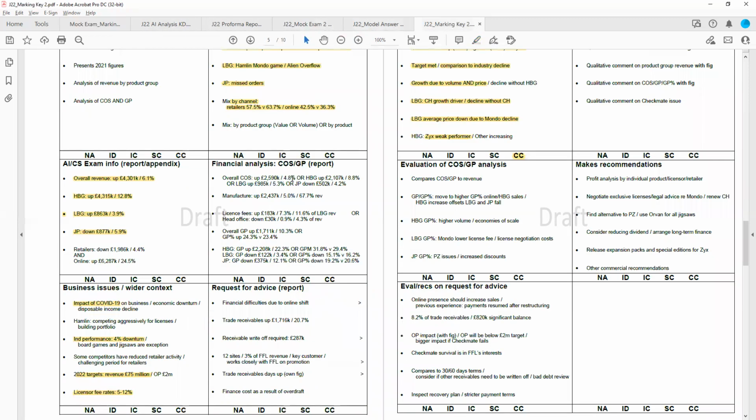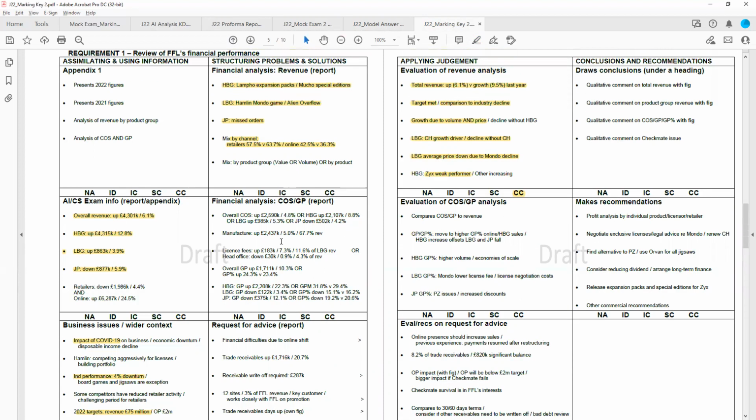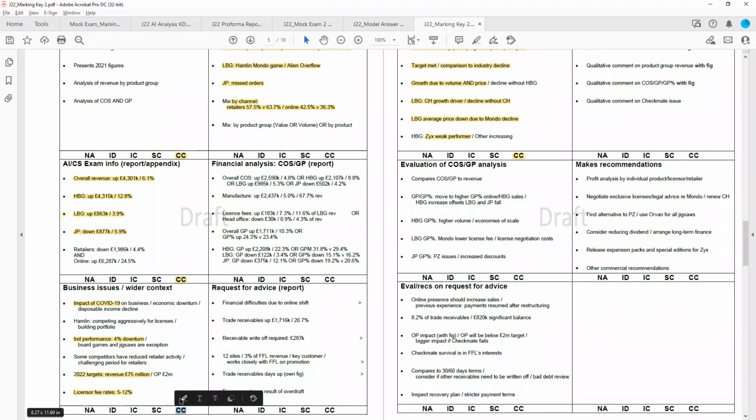Again, think about your overall exam technique here, because it's tempting to think, I need to do really well here. And you absolutely need to answer this part of the requirement. You need to answer everything the examiner's asked you for, or the client's asked you for in the report. But just remember, if you've done what we've done here, and have already got past all of these boxes really comfortably, then of course we want to avoid getting a not attempted.